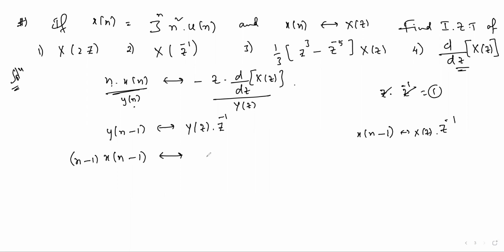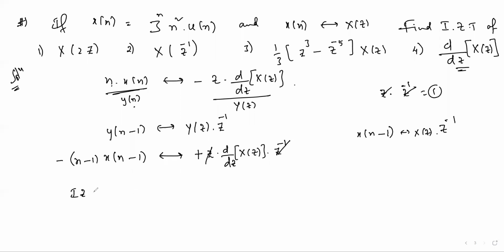And what is y of z? We have taken minus z d by dz of X of z multiplied by z inverse. Then these two cancel, and this minus sign we can take to this side. Fine.